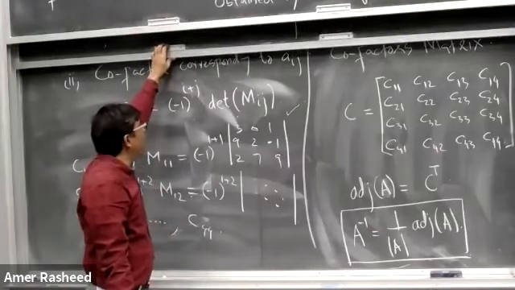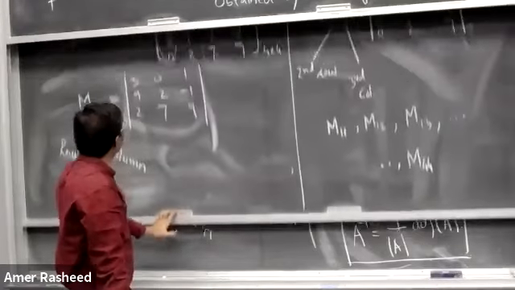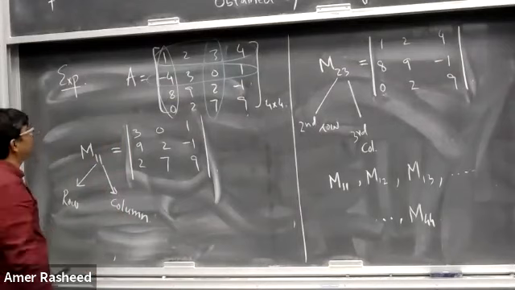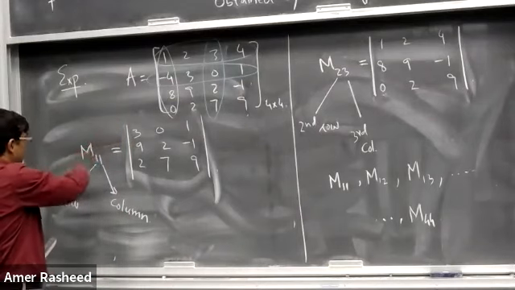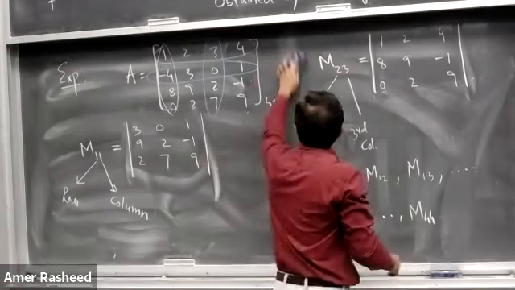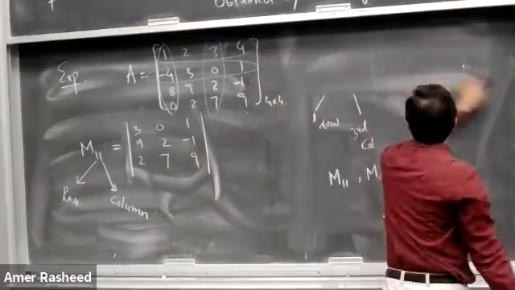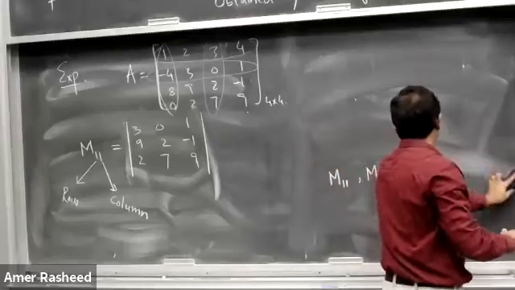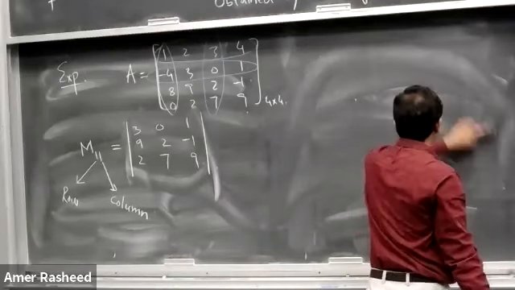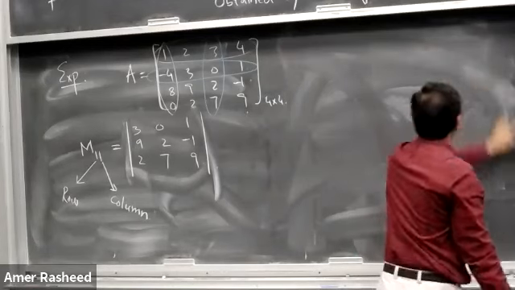Now let's get back to determinants. How to find the determinant? This is what we call the minor. And now cofactor expansions, we will discuss that again. We'll do an example of that. Now you have seen the cofactors.